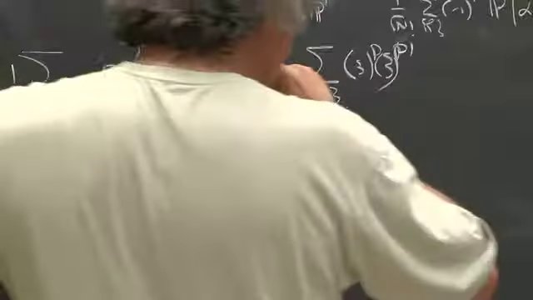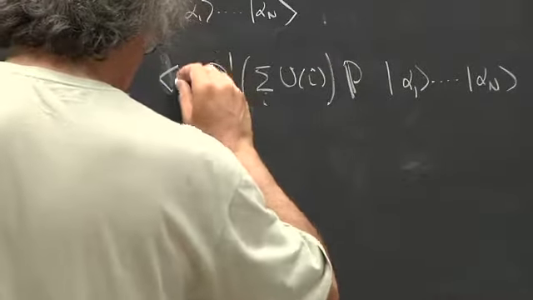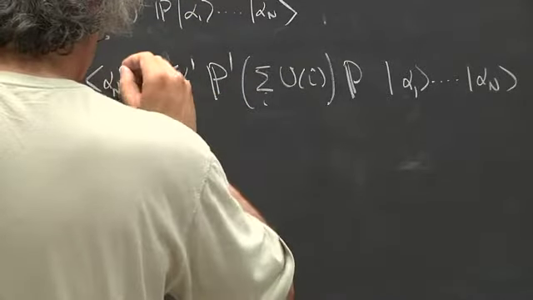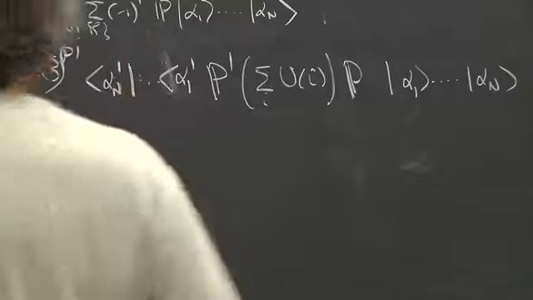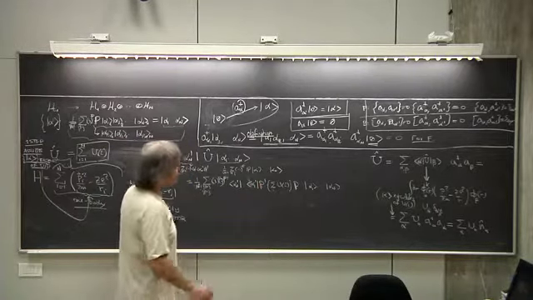Then this operator here, which is the sum over all i of U_i, the operator P on the right, and then I have alpha 1, alpha n, and here alpha whatever. You can decide the order. Let's put the 1 immediately. So alpha 1 prime, alpha n prime. Okay? This is the object. Now, notice one thing.